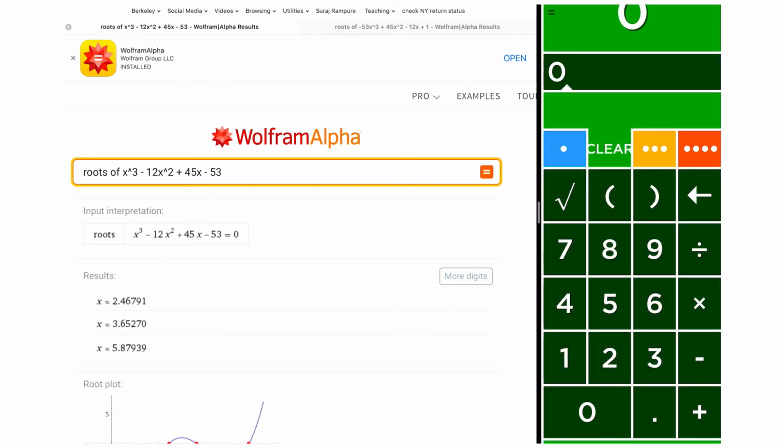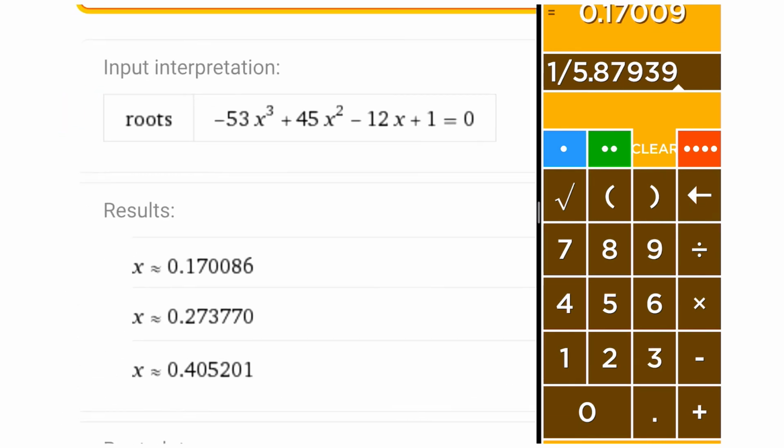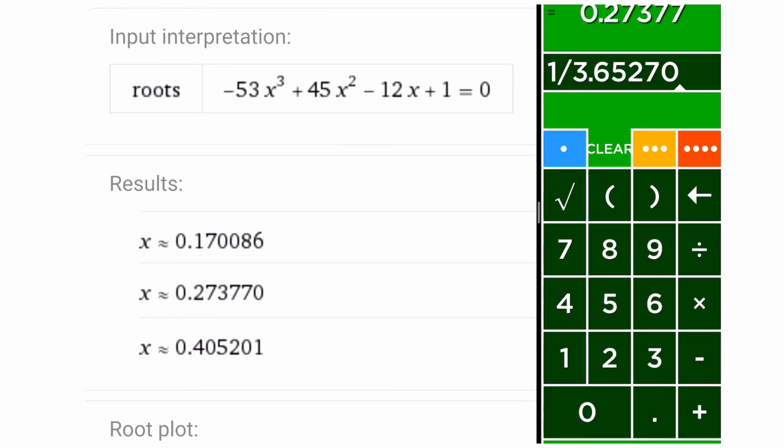Here we have 1 over 3.65270, and the last one 1 over 5.87939. And you see that they're exactly the ones we have here. One's here, the other's here, the last one's here. Okay? So I'm not making it up. I don't think you thought I was, but.